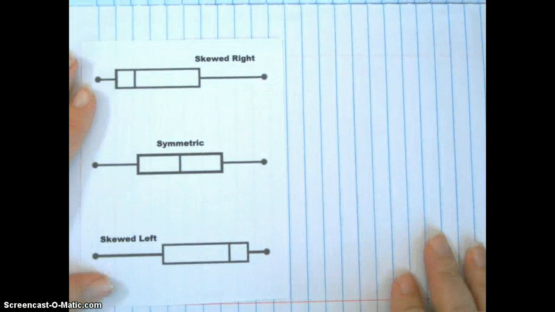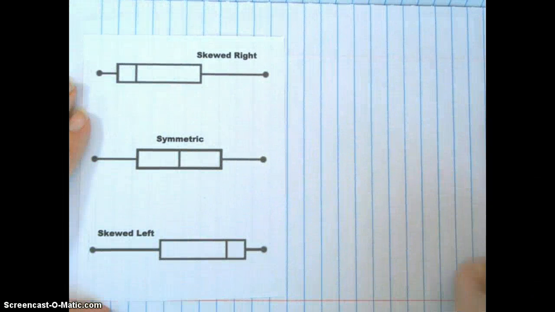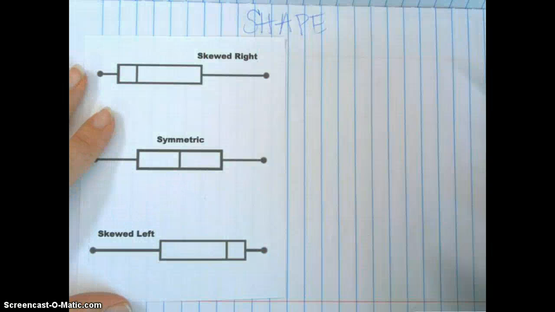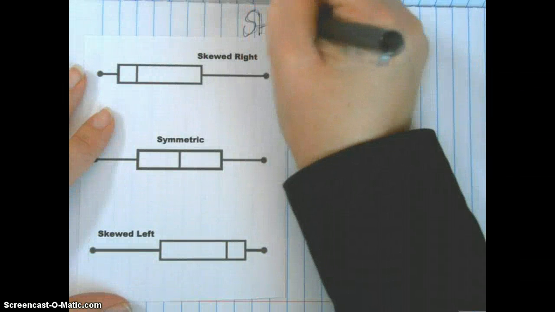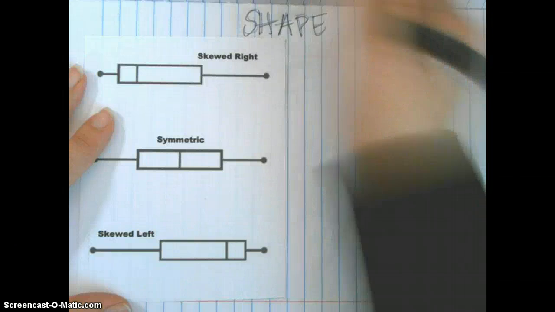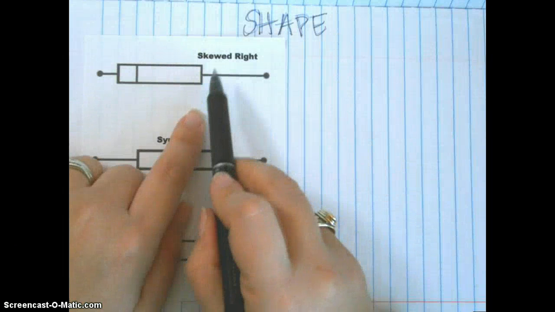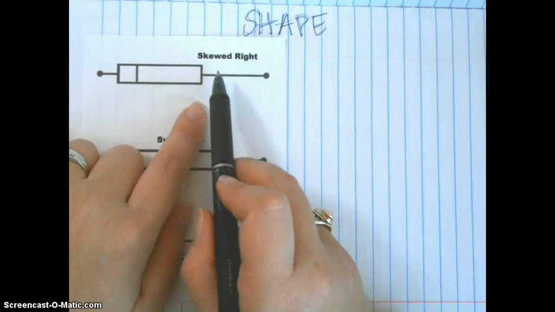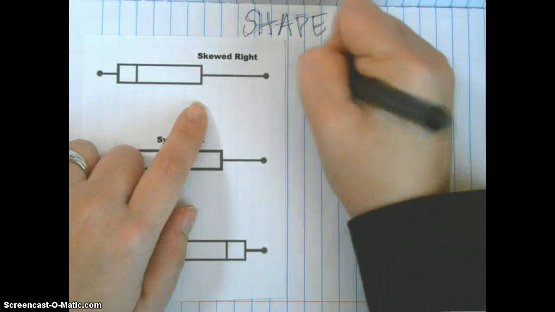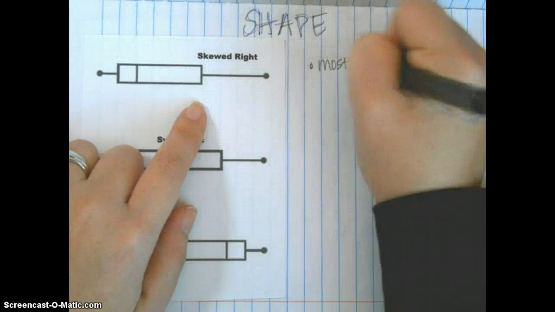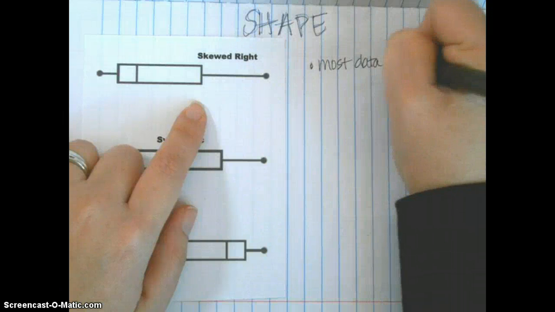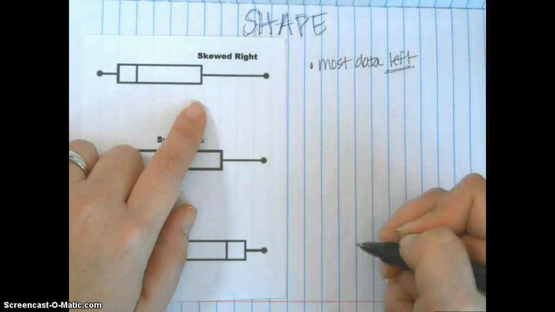Okay, so I have my 3 types, and this is me comparing. This is me looking at the shape of my box plots. The first one is skewed to the right. What that means is that most data is on the left. Make sure I say that right. Most data on the left.